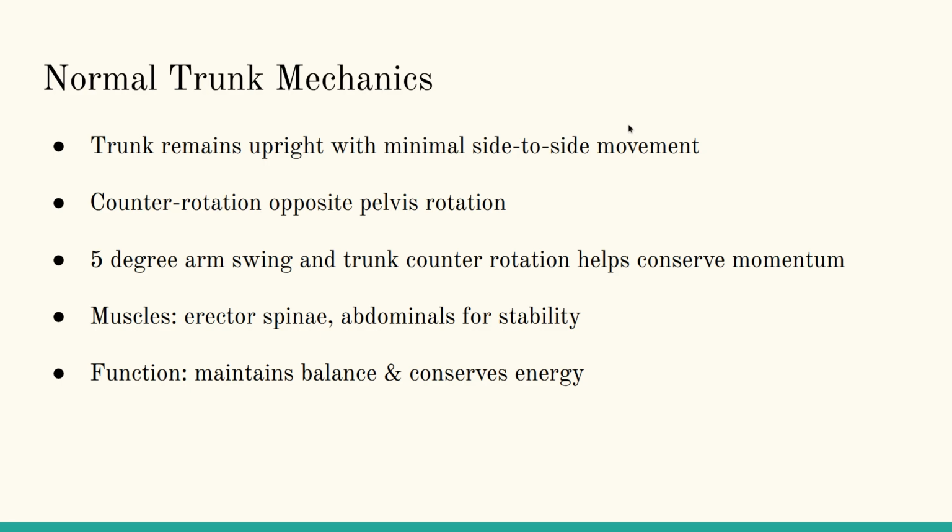Here, we are focusing specifically on what normal trunk motion looks like during walking. The trunk remains upright with minimal side-to-side movement. Excessive lateral trunk sway dramatically increases energy cost.